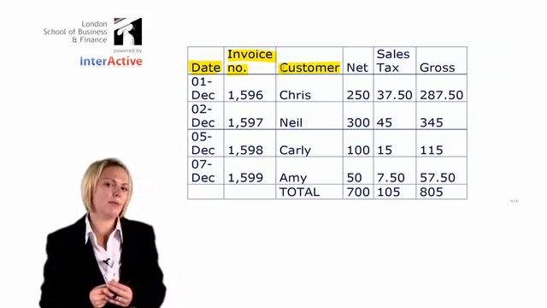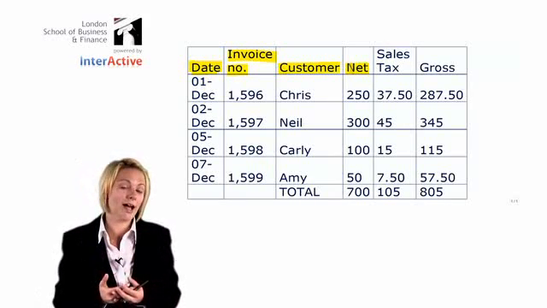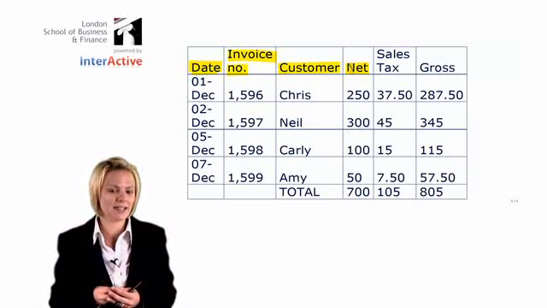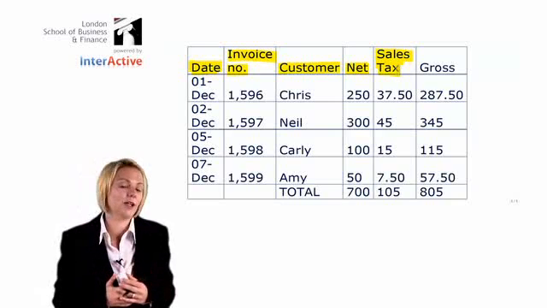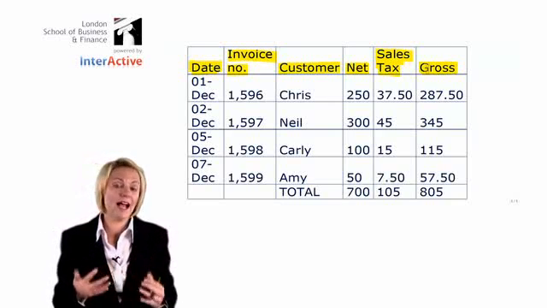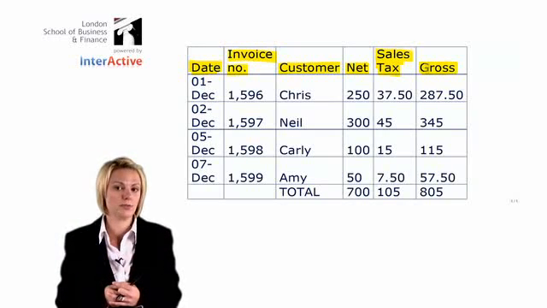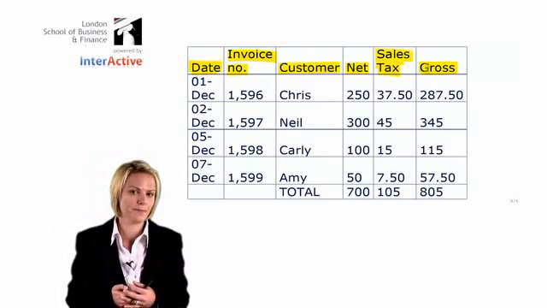And then we're going to have 3 amounts. The net amount, do you remember from our last chapter, that was before sales tax? The sales tax amount, or the VAT, the value added tax. And then the gross amount, the amount after sales tax has been charged, and ultimately the amount the customer has to pay to us.